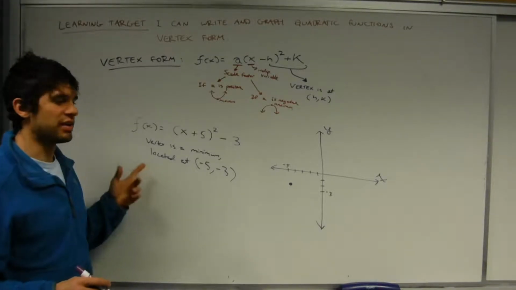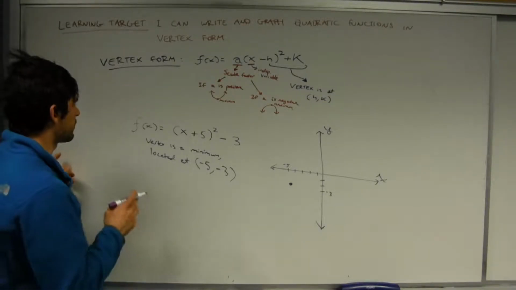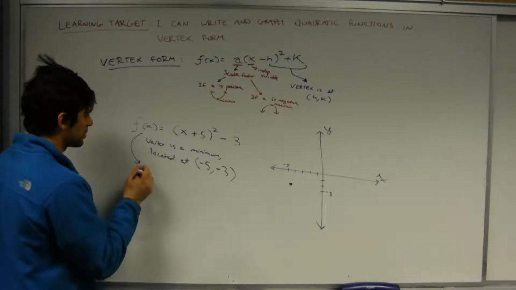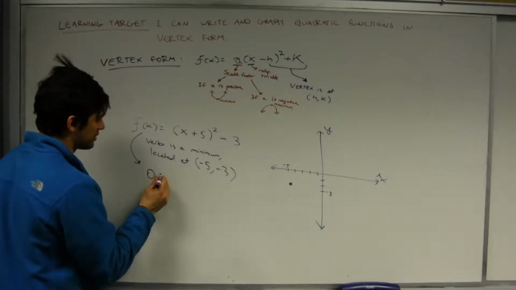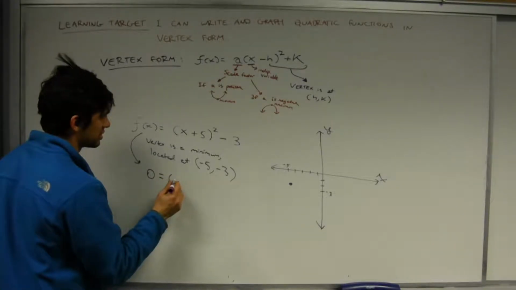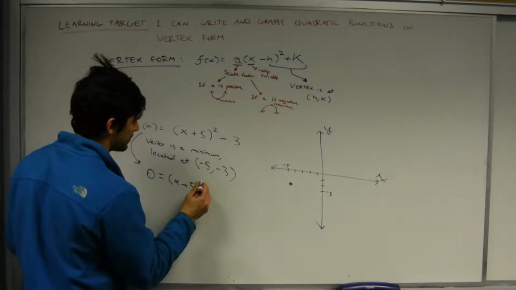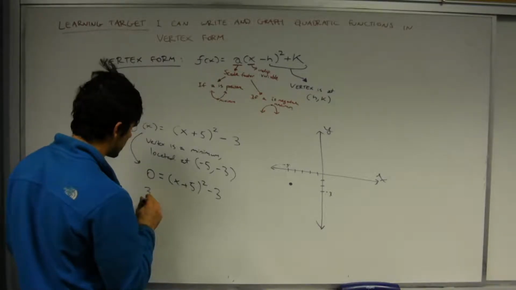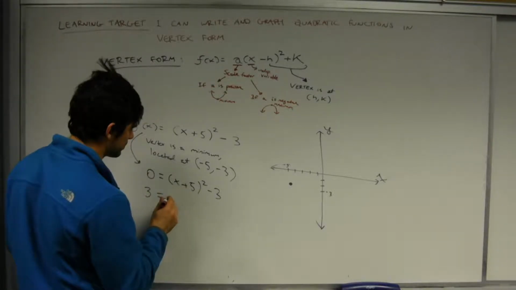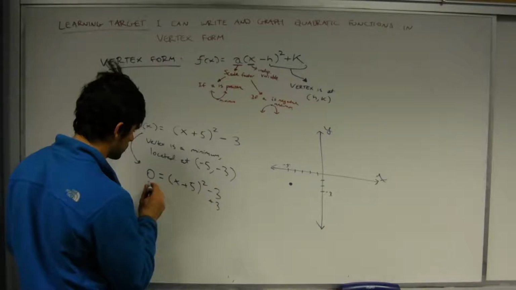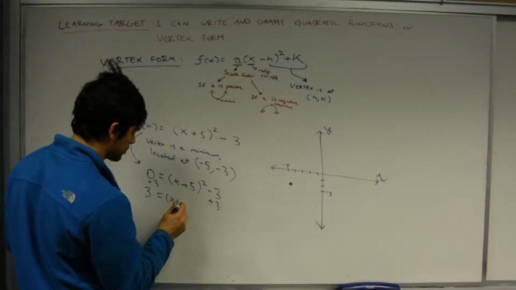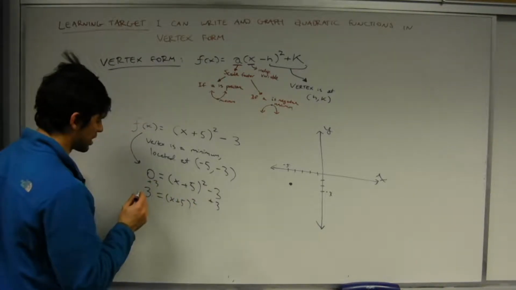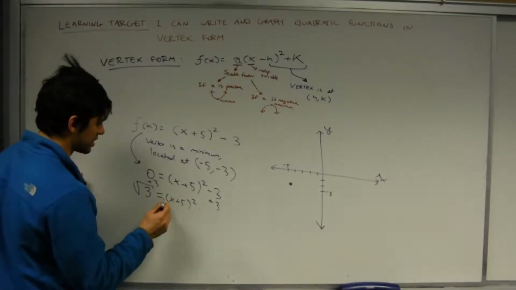Now we can find our x-intercepts. To find our x-intercepts, we're going to set this equal to 0. So 0 is equal to (x plus 5) squared minus 3. I can add 3 to each side, and then I can take the square root of each side.